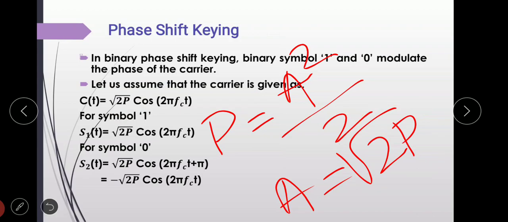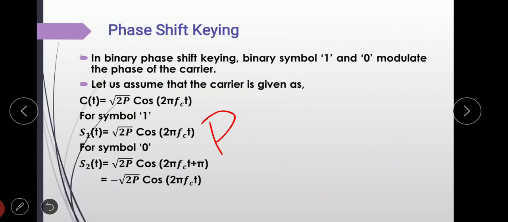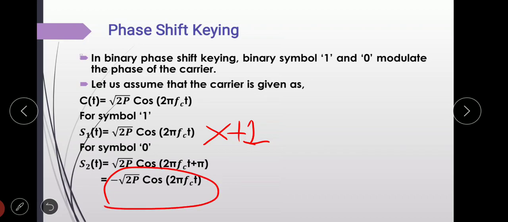Next, when 1 is transmitted, the BPSK signal is represented as root 2P cos 2 pi fct. So here we can say 1 is multiplied, means plus 1. Like this, when symbol 0 is transmitted, the BPSK signal is minus root 2P cos 2 pi fct.